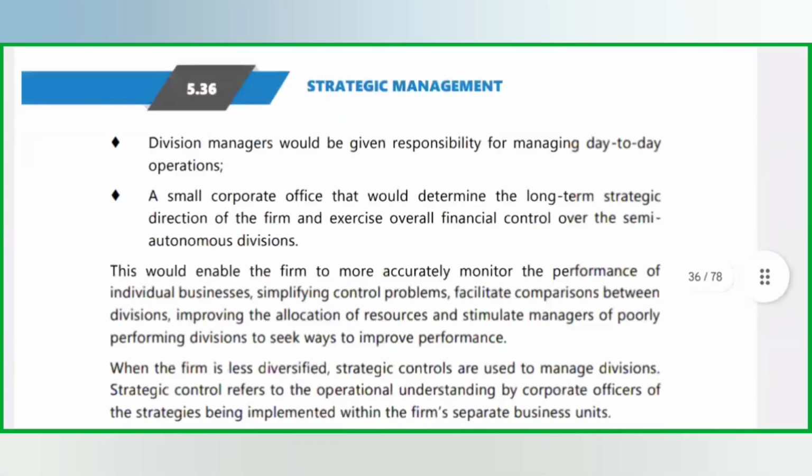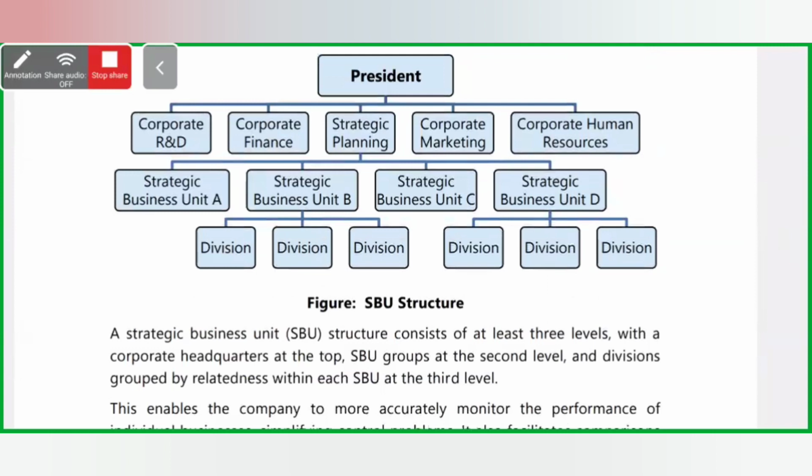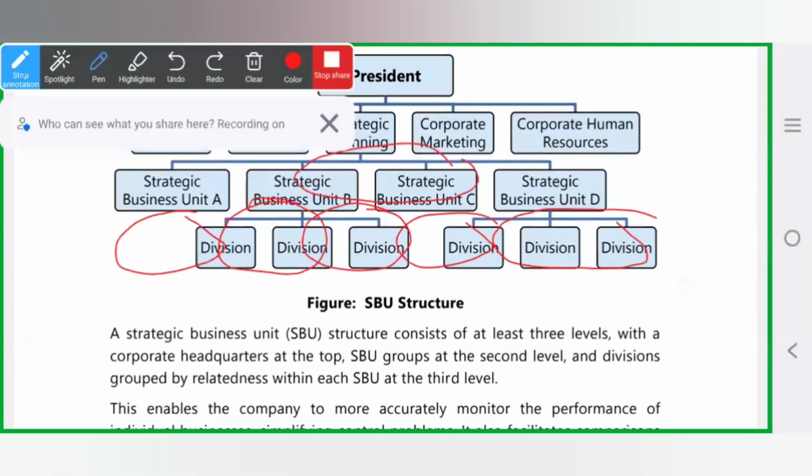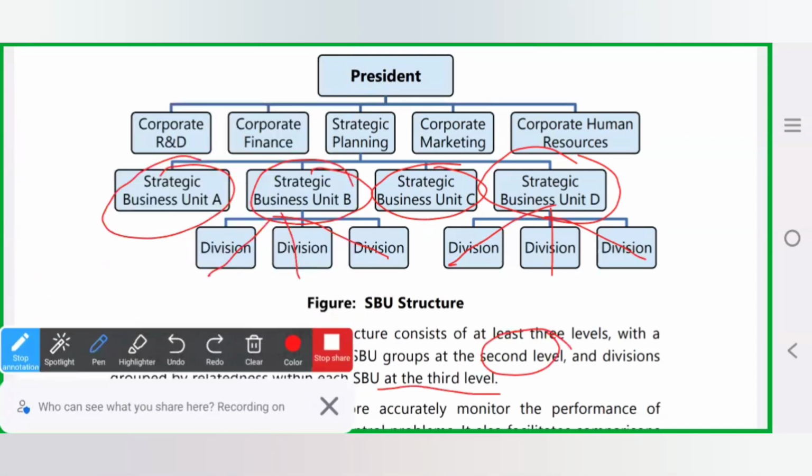But when you come to the lower part, under strategic planning they have individual business units. Then they have strategic business units A, B, C, D, and again these units have their own divisions. So it's a little complex. Simultaneously, there are at least 3 levels. Strategic business groups are at the 2nd level, and divisions are at the 3rd level. Is this point clear to you? Yes, ma'am.